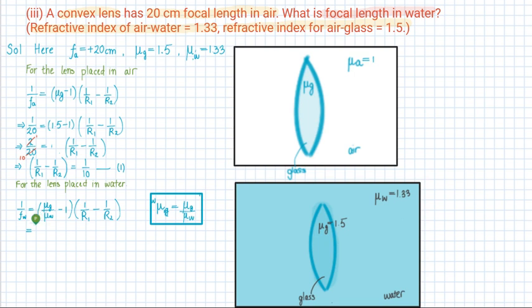It is 1.5. What is the refractive index of the water? 1.33, minus 1. And how much is 1 by r1 minus 1 by r2 from equation number 1? It is equal to 1 upon 10.